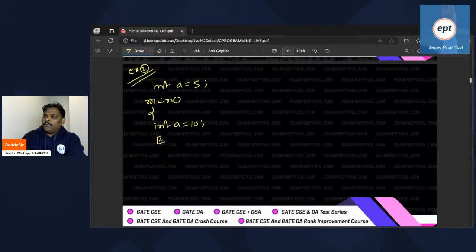Then in main, the B function is called. Let's go to the B function. Forget about syntax. Actually, whenever you are not returning anything, void should be there. Here also I am not returning anything, so void will be there. In B, int A is equal to 15.